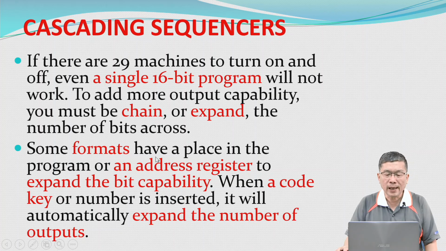Some formats have a place in the program or an address register to expand the bit capability. When a code key or number is inserted, it will automatically expand the number of outputs.